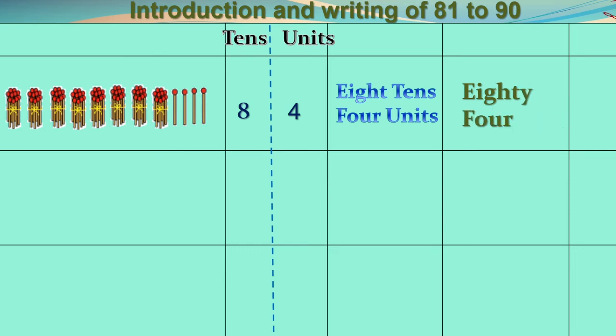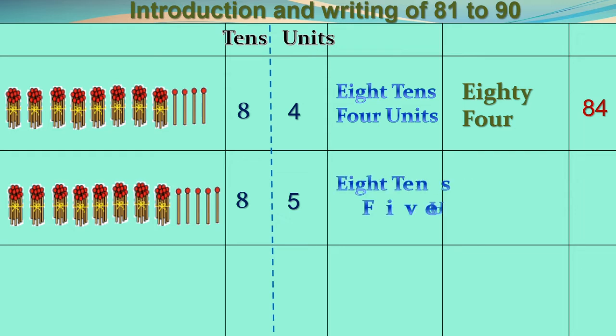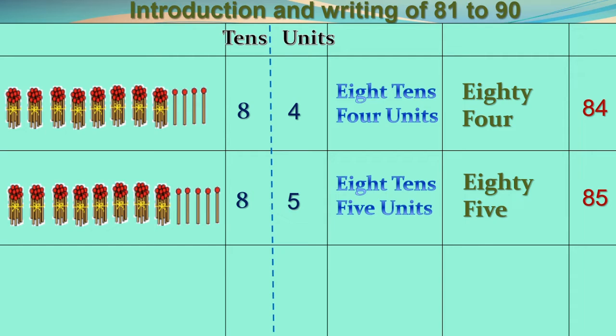That is nothing but 80 and 4 in the numerals. Here we will take 84 matchsticks and we are going to add one more stick. So we got here 80 and 5. That is 8 tens and 5 units. Correct? That is nothing but 85 number. That is 80 and 5 in the numerals.